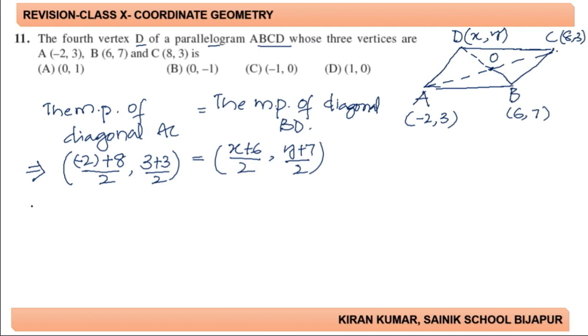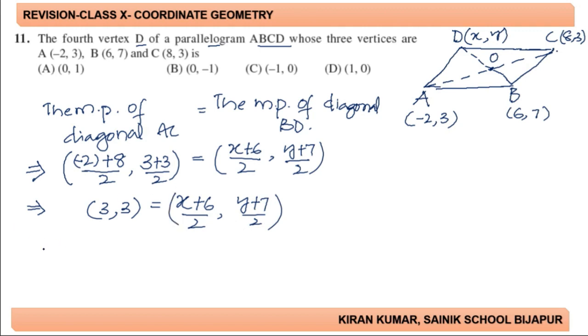Let us further simplify. We get this as 6 by 2, which is 3, 6 by 2 is 3, which is equal to (x + 6)/2, (y + 7)/2.